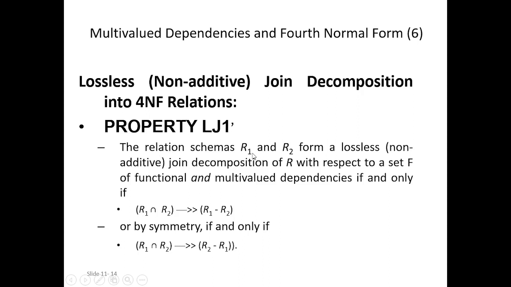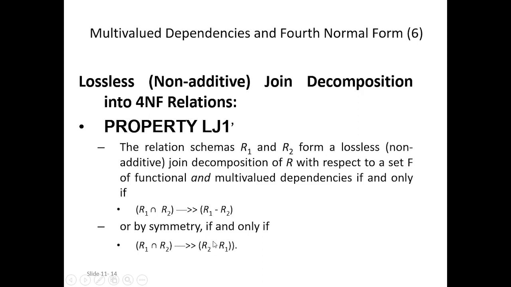So the relation schemas R1 and R2 form a lossless non-additive join decomposition of R with respect to a set F of functional and multivalued dependencies if and only if there are 2 conditions. One condition: R1 intersection R2 determines R1 minus R2, and by symmetry we can write it as R1 intersection R2 multi-determines R2 minus R1.